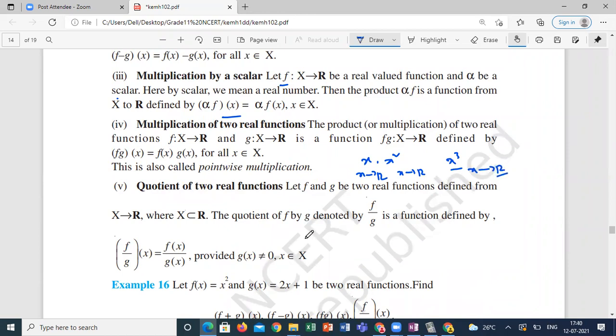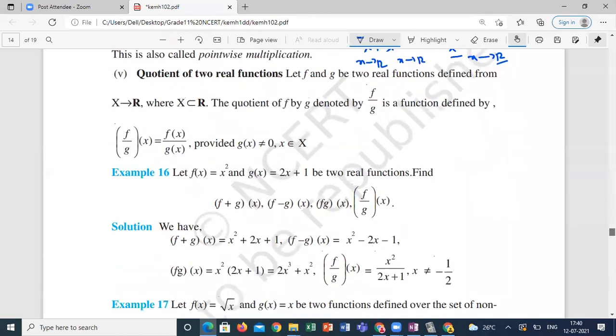So the quotient function is also the same, where g of x, the denominator, should not be 0. Generally, these functions are called fractional functions. So these algebra rules will be useful to define the combination of two functions. If I give two functions and ask what the range and domain are, these points will be important for us.